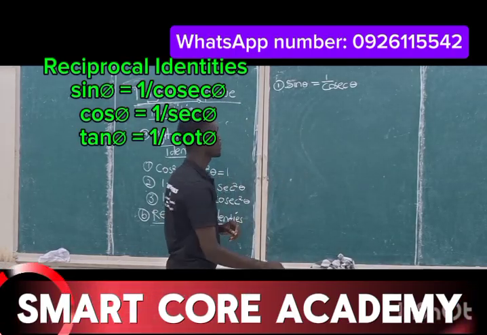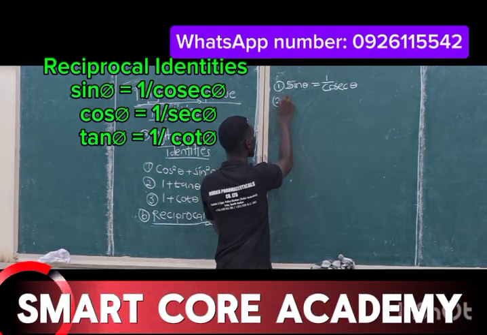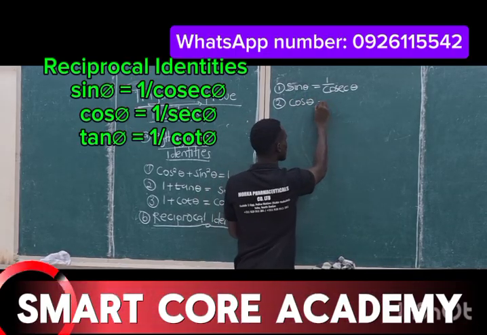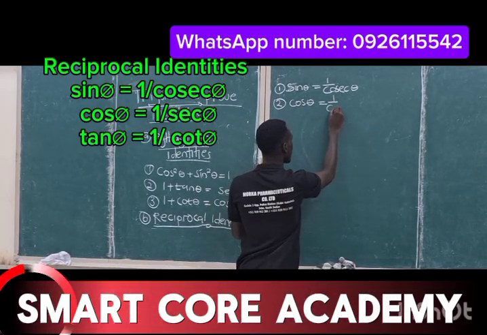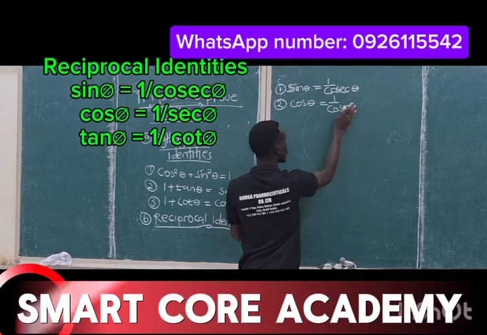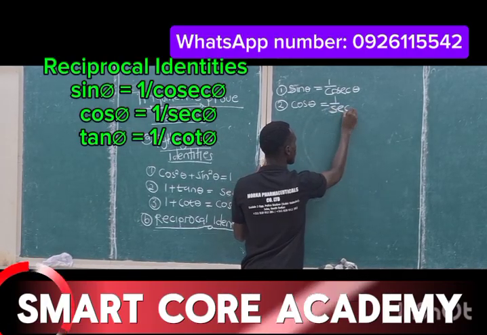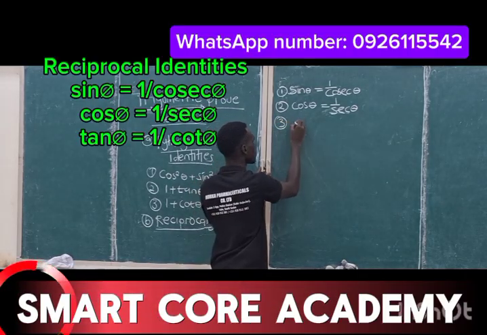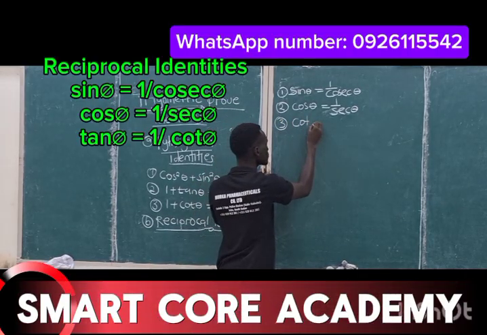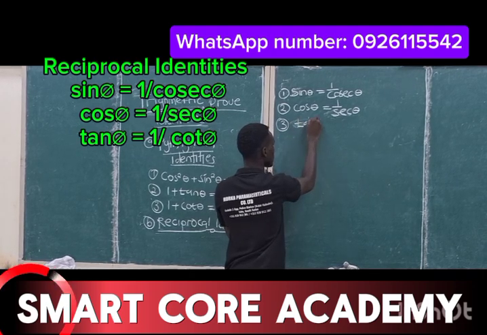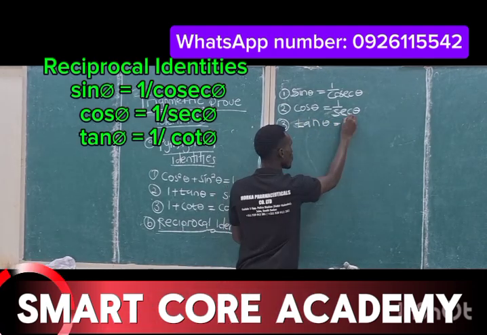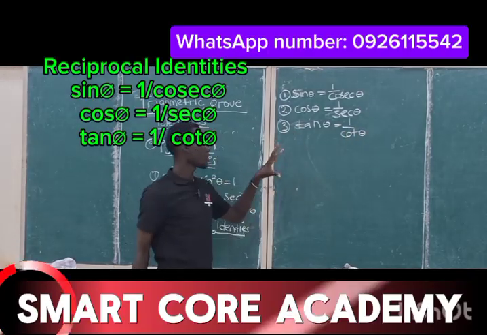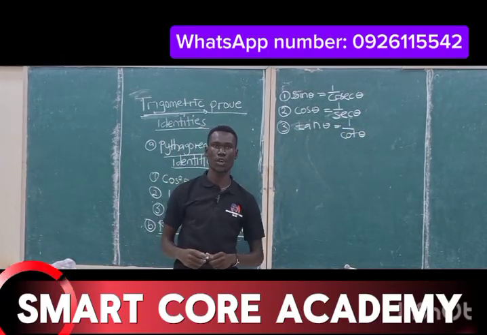That is the first one. Secondly, say that cos theta is equals to 1 all over sec theta. Finally, say that tan theta is equals to 1 all over cot theta. Those are the 3 rules under reciprocal identities.